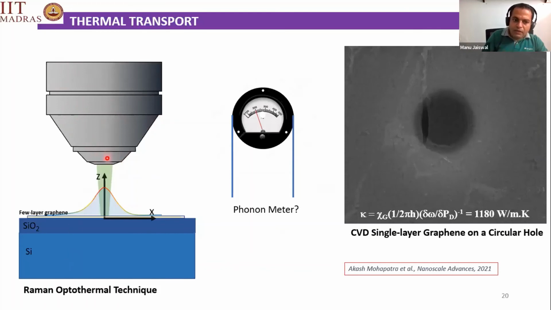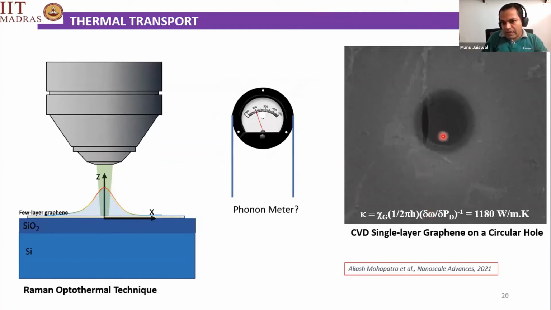You use Raman both for heating a sample as well as to measure the shift in the Raman modes. The shift in the Raman modes tells us the temperature. So the Raman is both the source, the heater, as well as the detector of the temperature. And by solving the heat diffusion equation, we can find the thermal conductivity of the system.